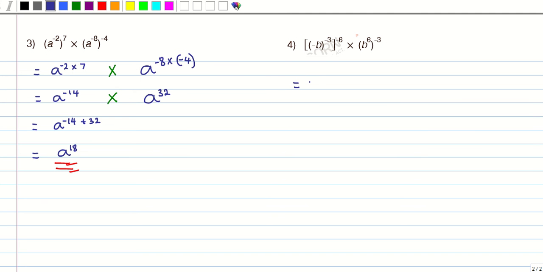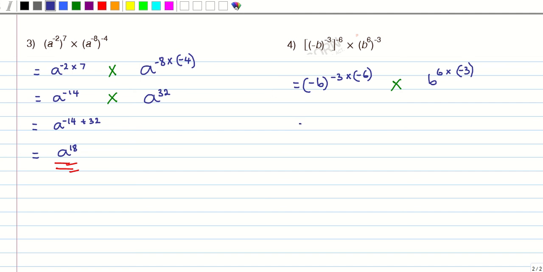We get negative b to the power of negative 3 times negative 6, okay, times b to the power of 6 times negative 3.